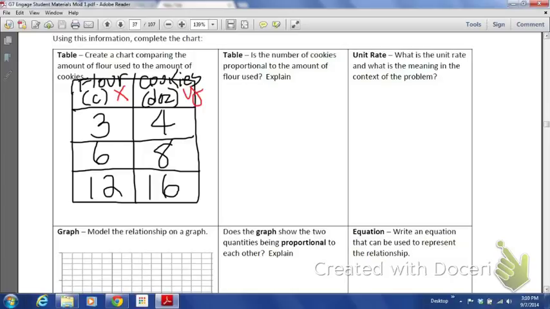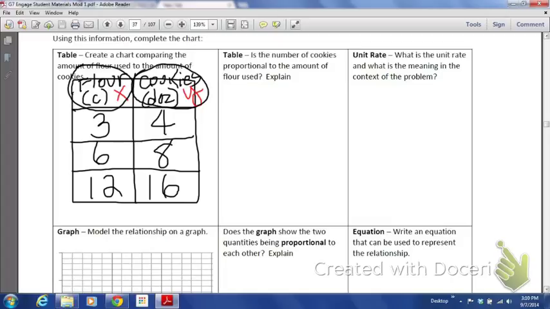Okay, so creating a table. Hopefully you create a table similar to mine here. With my table, I decided to use flour as my x variable, in cups, and then cookies I decided to do by the dozen, and that's my y variable.